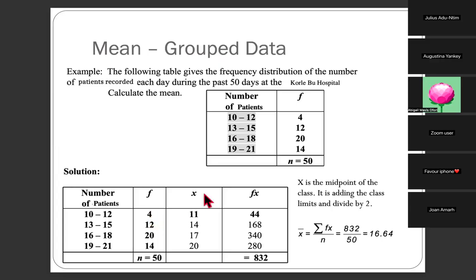This is our frequency, this is our x. So frequency times x, 4 times 11 will give us 44. 12 times 14 will give us 168. 20 times 17 will give us 340. 14 times 20 will give us 208.